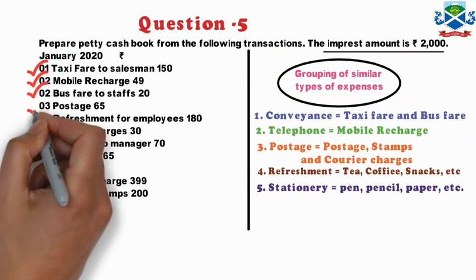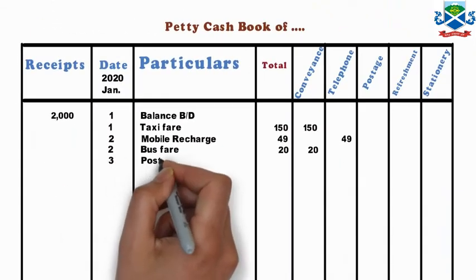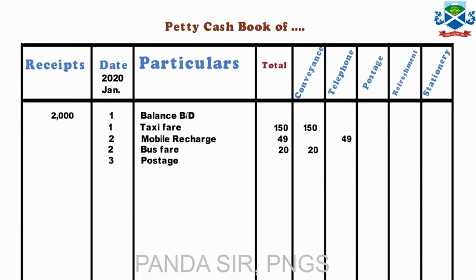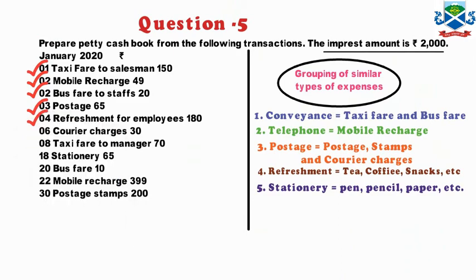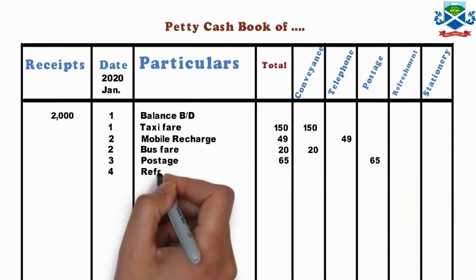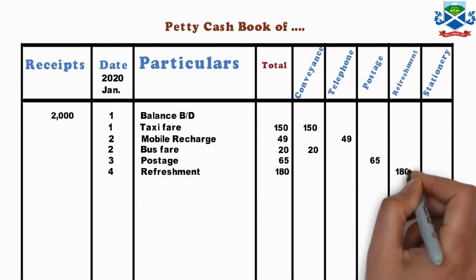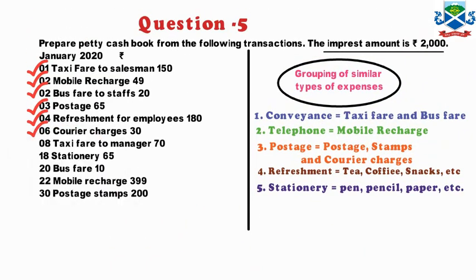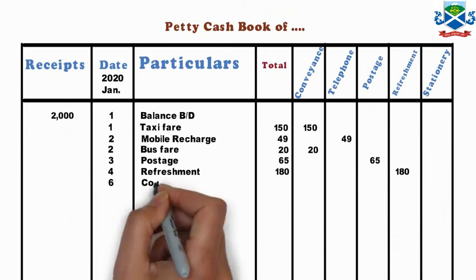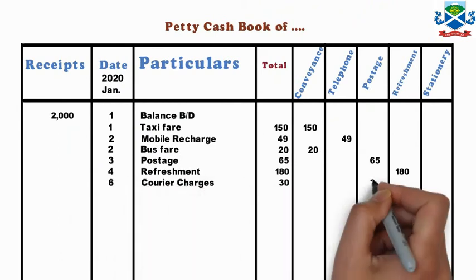Next is postage 65: we write 65 in the total column and 65 in the postage column. Refreshment to employees 180 rupees: we write 180 in the total column and 180 in the refreshment column. Courier charges 30: 30 in the total column and 30 in the postage column.